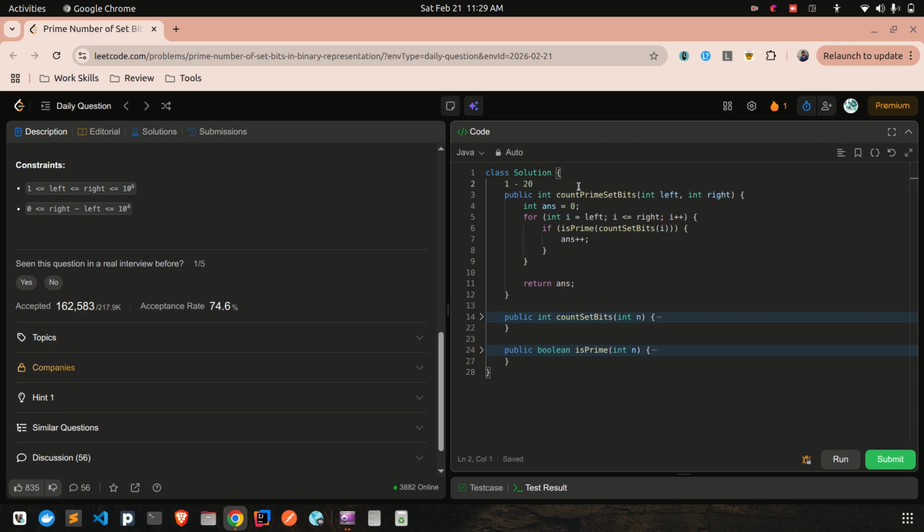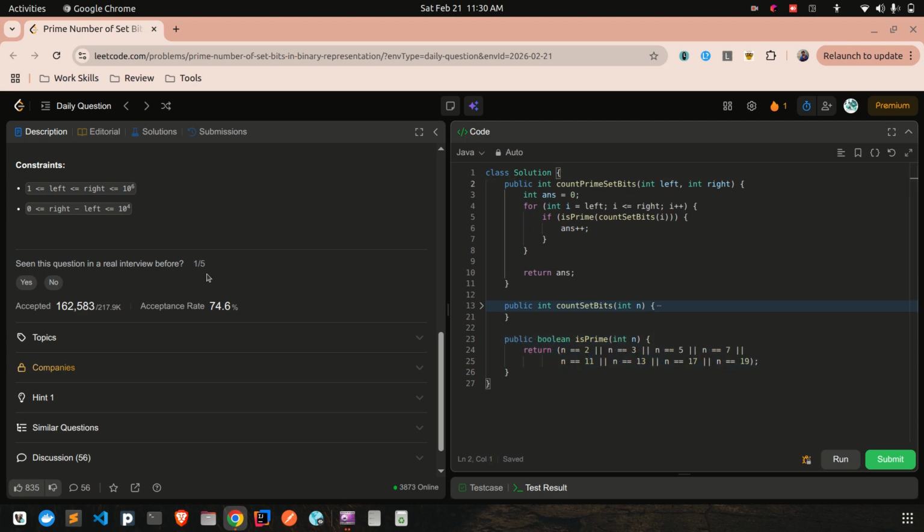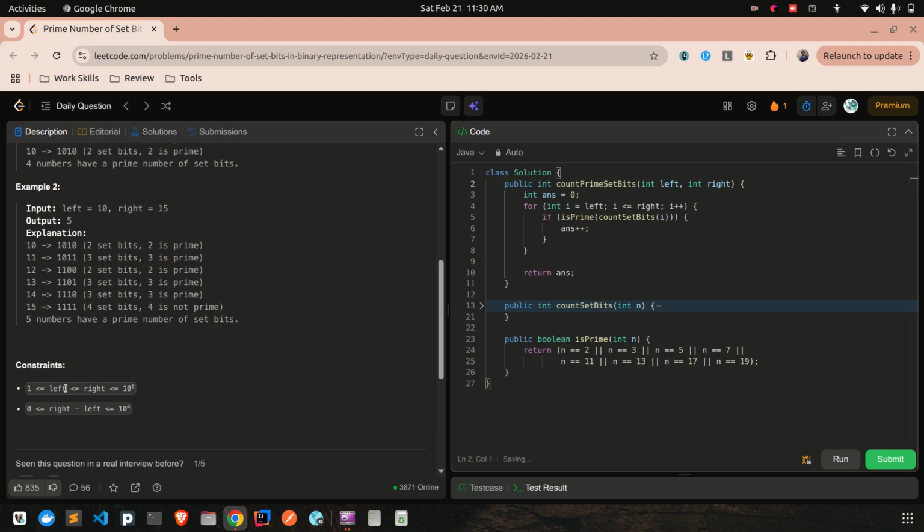Since we have at max 20 set bits, that means we have set bits from 1 to 20. So now we have to identify what prime numbers we have from 1 to 20. We have only a limited number of primes: 2, 3, 5, 7, 11, 13, 17 and 19. These are the prime numbers which are less than 20.